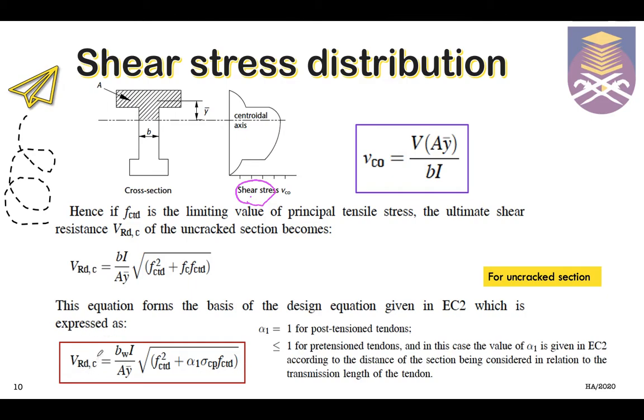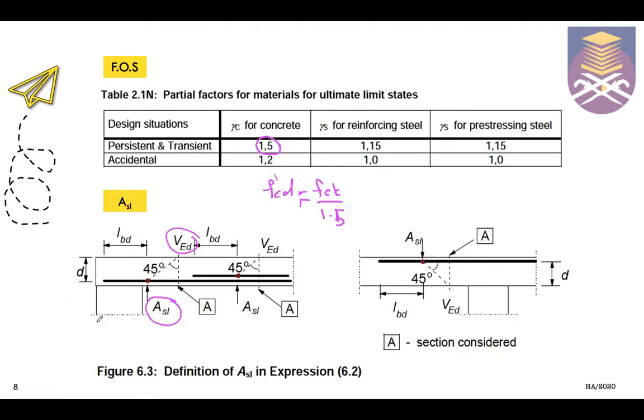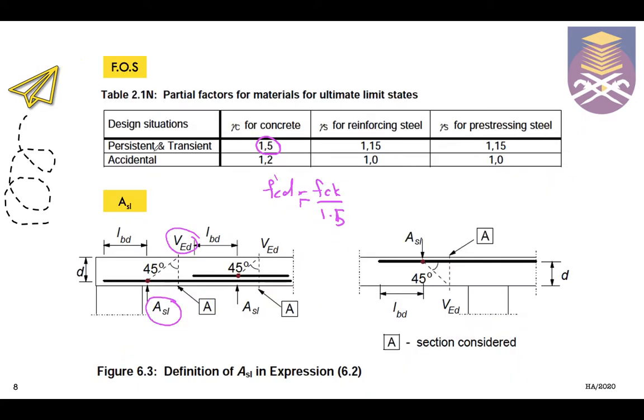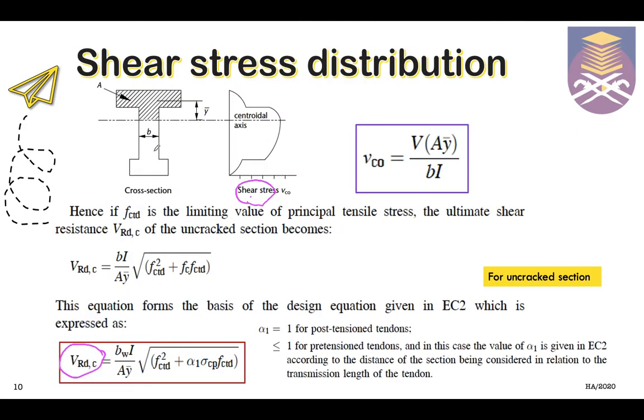Whereas we have another equation of VRDC. Previously we have already gone through two equations. If we go back, just now we had these two equations. This is the first one, then this is the second one, which we have to check, then this is the third one.